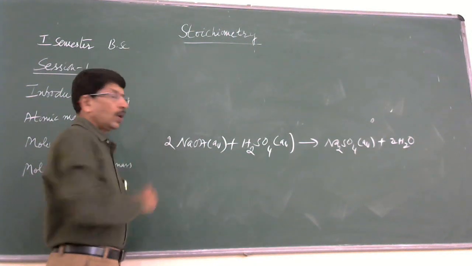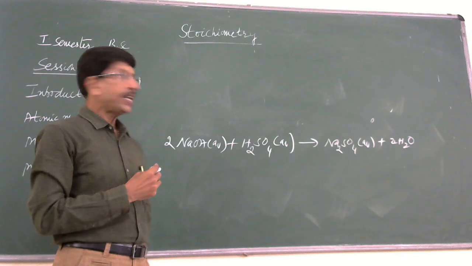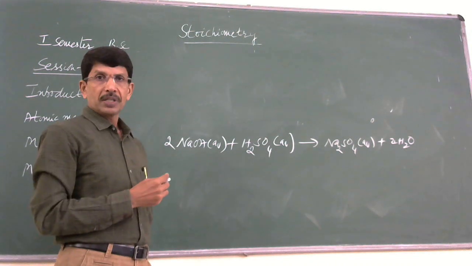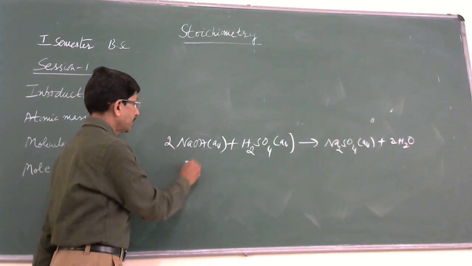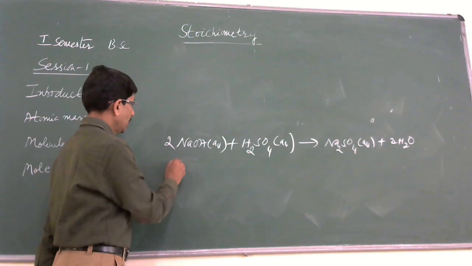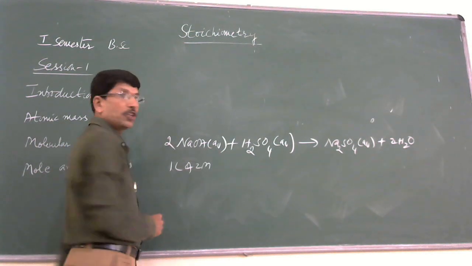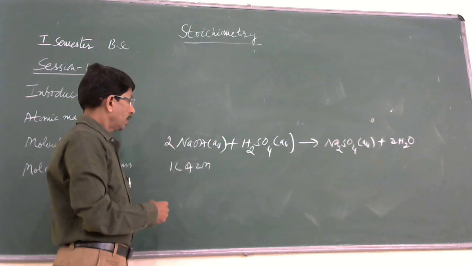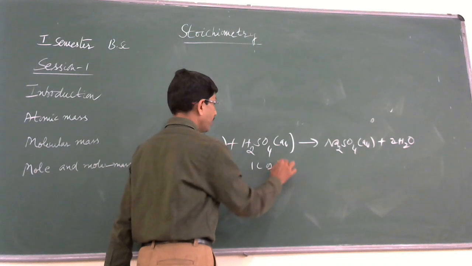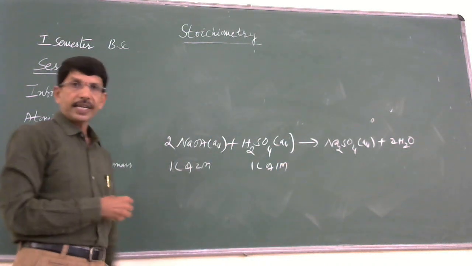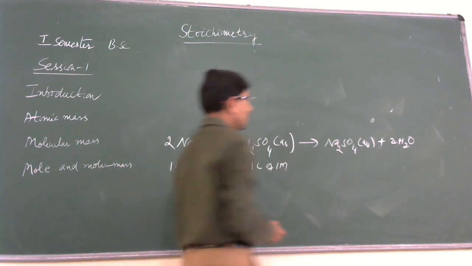So, the other way of expressing the quantities of reactants and products involved in a chemical reaction is in aqueous state. I can also state this as 1 liter of 2 molar NaOH solution reacts with 1 liter of 1 molar sulfuric acid to give sodium sulfate.